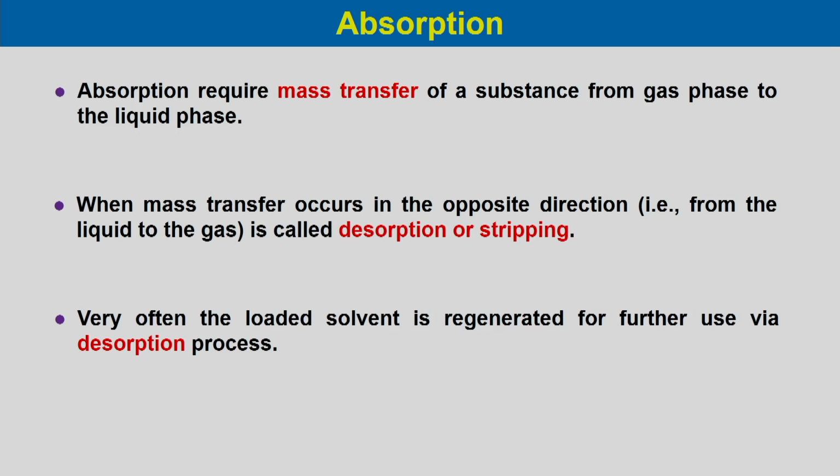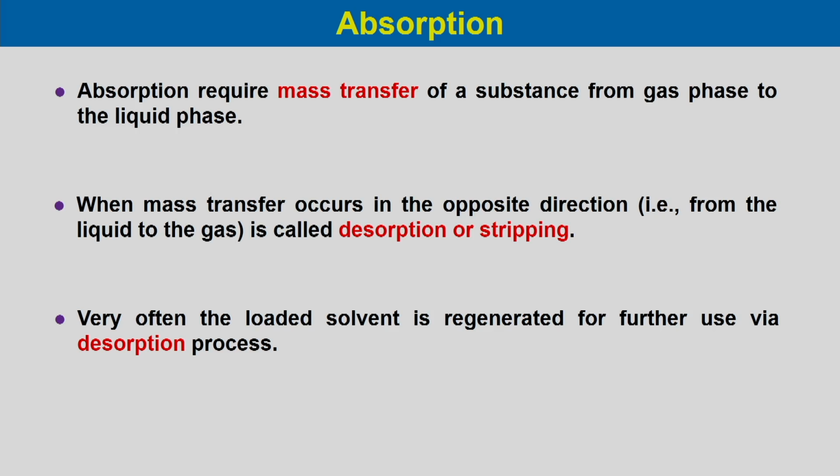If you see the absorption and stripping process for carbon dioxide capture, you have a typical absorber column where you absorb a particular gas preferentially from a mixture. Then the loaded solvent is fed to the top of the stripping tower, where it is heated up or operates at a lower pressure than the absorber.